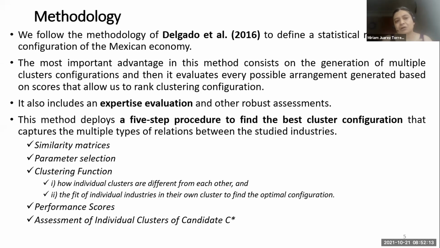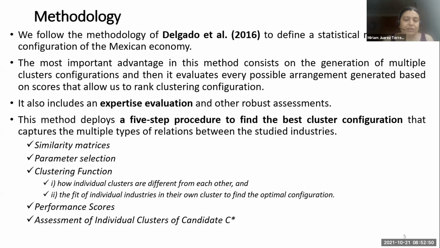In most of the methodologies that different authors have followed, there is not a unique definition of the clusters. Depending on the criteria that they are using, they will have one configuration. So this is the main challenge in this kind of literature. Another important element is that this methodology also includes an expert evaluation in order to have a robust cluster configuration.